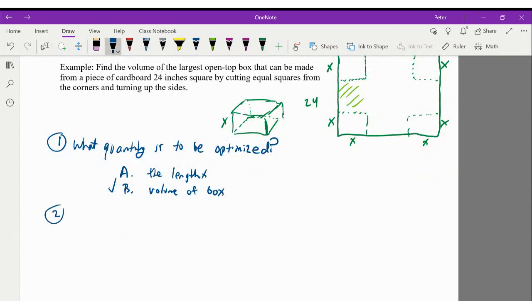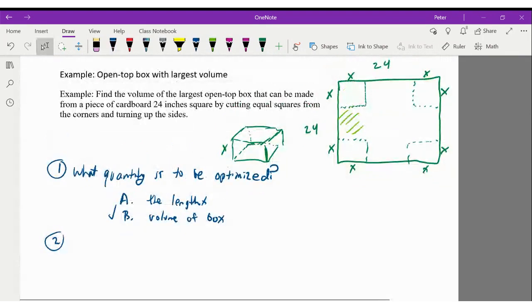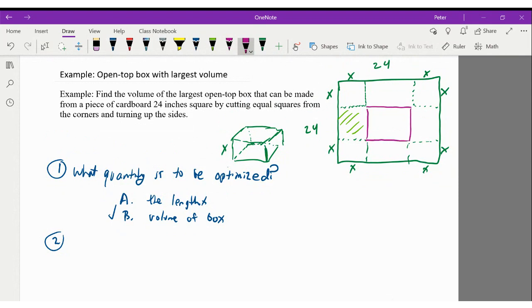So, step 2. Let's write volume as a function of another variable. What we can do is describe the volume of the box in terms of x, sort of this way. If you look at this different color, this region that I'm drawing in purple is going to become the bottom of the box. So that's really going to be this bottom here.